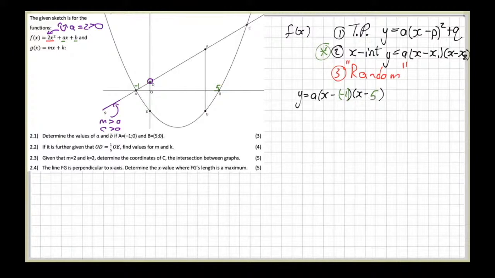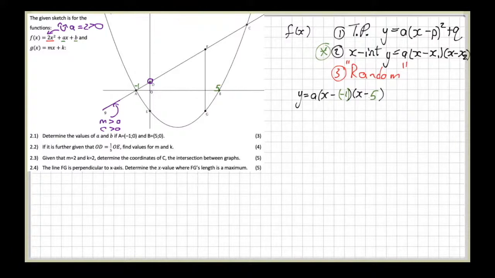Okay? Now, at this moment of time, my grade 11s start freaking out just a little bit, because to calculate a, we usually have to substitute a set of coordinates in, because I cannot read it off from the graph. So now what? What do I do now?